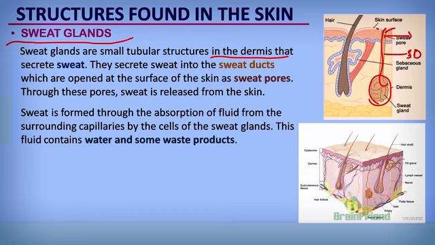Most times when we look closely at our skin, we see some tiny spots. They will not be too clear, and these are the sweat pores. Through the sweat ducts, sweat is secreted from the sweat glands onto the surface of the skin. Through these pores, sweat is released from the skin.